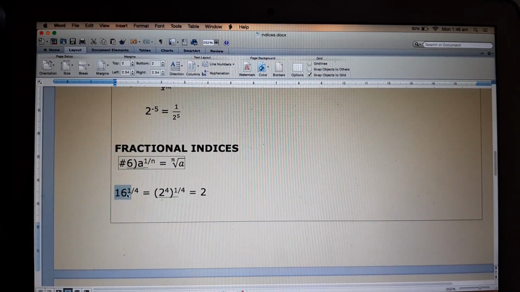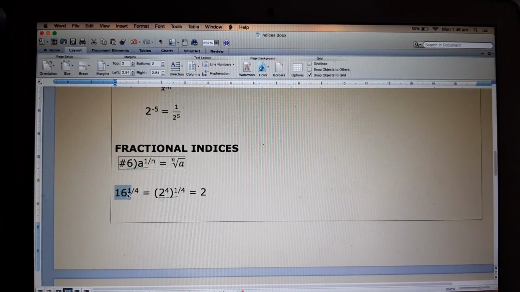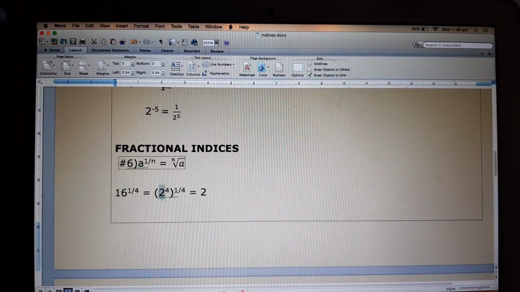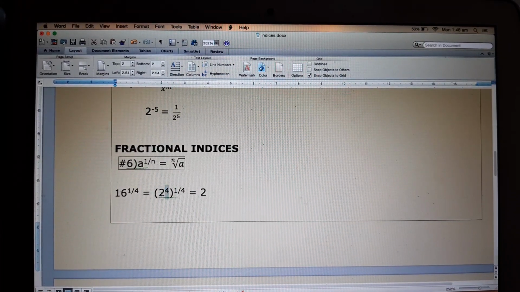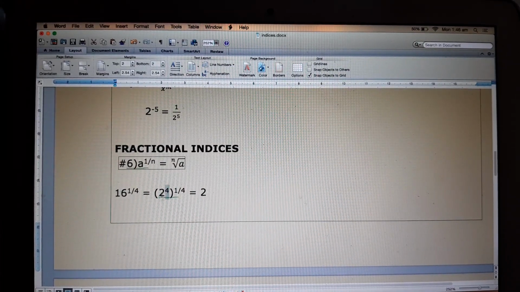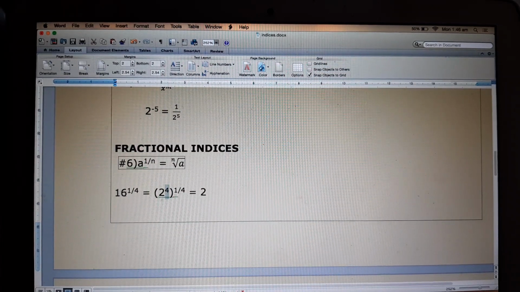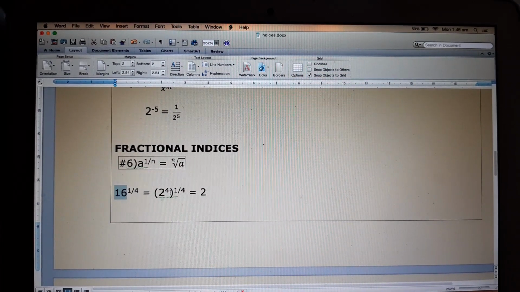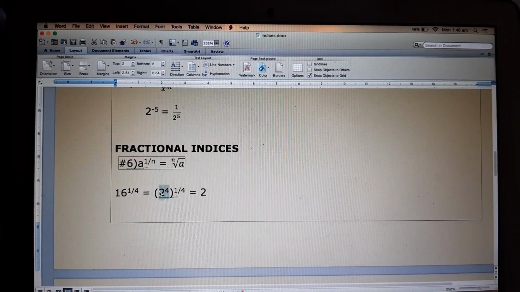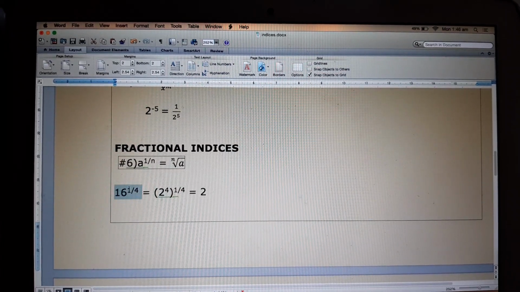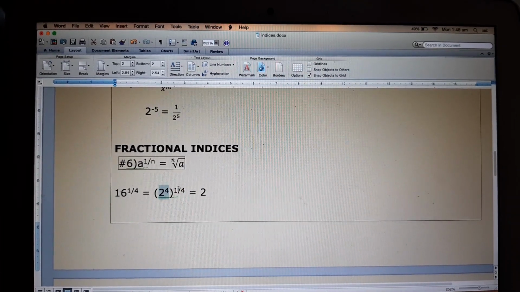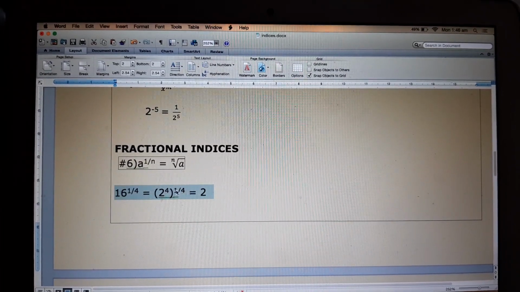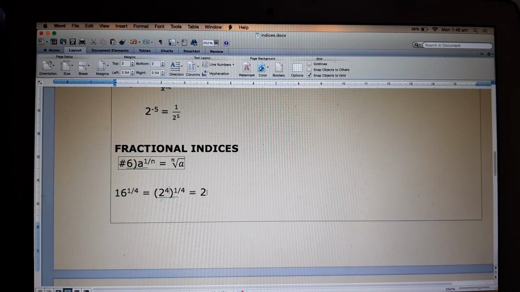If we factorize 16, we get 2 raised to the power 4, because 2 multiplied by 2 multiplied by 2 multiplied by 2 equals 16. So 2 raised to the power 4 is 16, and we have power 1 over 4 outside 16. So this 4 and this 4 will cancel and your answer will be 2.